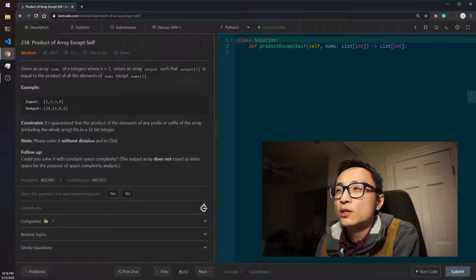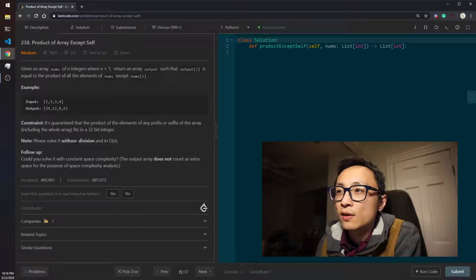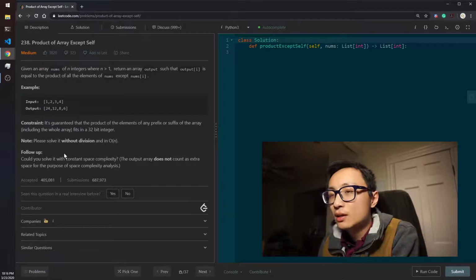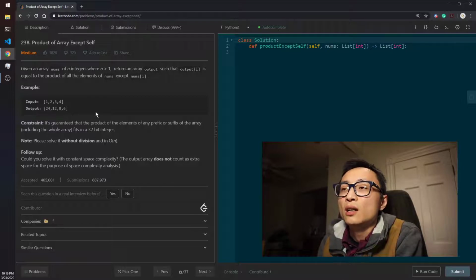The second thing is there's a note. We need to solve it without using division. So the one that I just described, even though it solves this problem correctly and very optimally, doesn't satisfy this requirement. And as a follow-up, we should solve it with constant space complexity. The constant space here does not count the output, so the auxiliary data structures that we use to solve this should be constant.